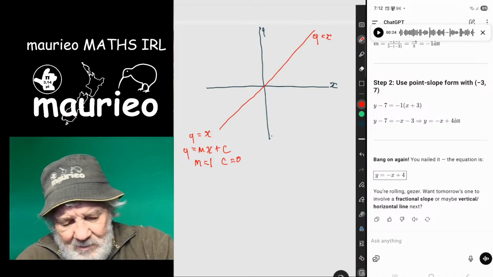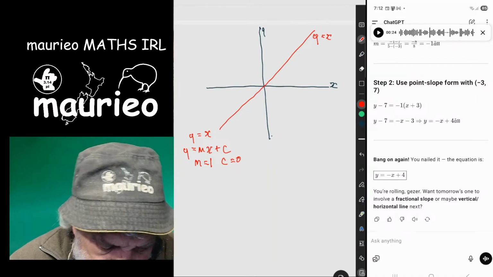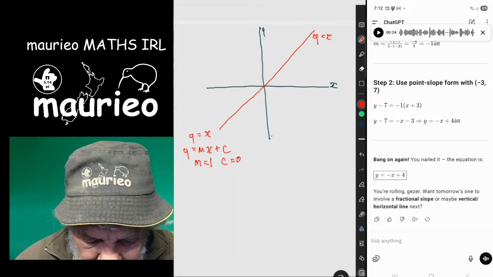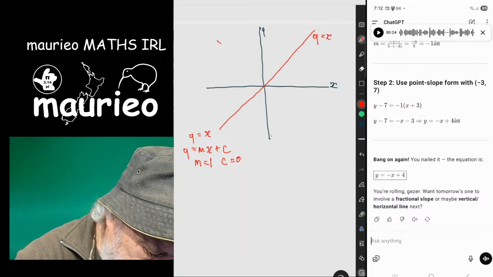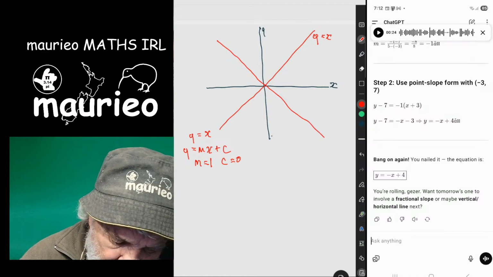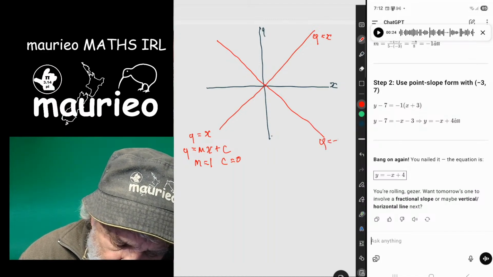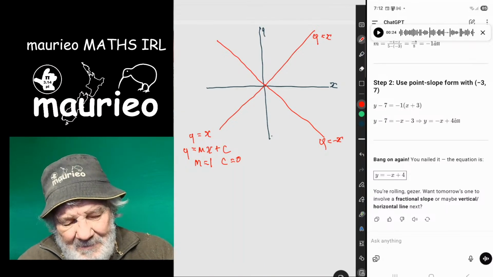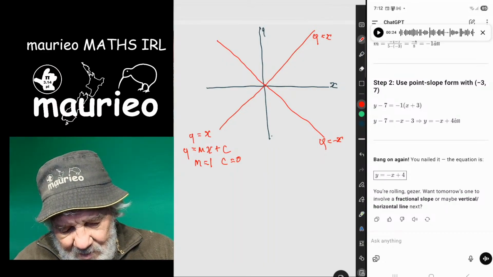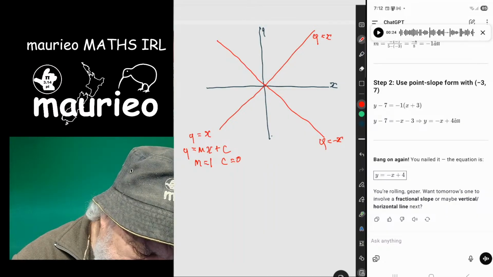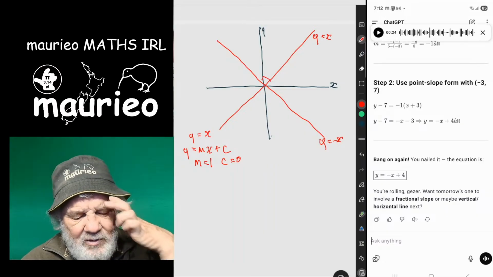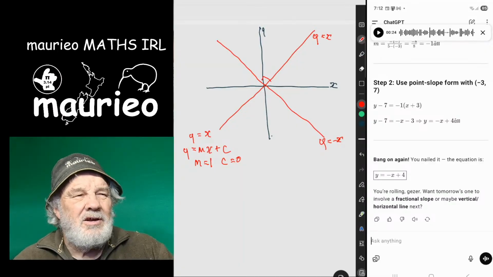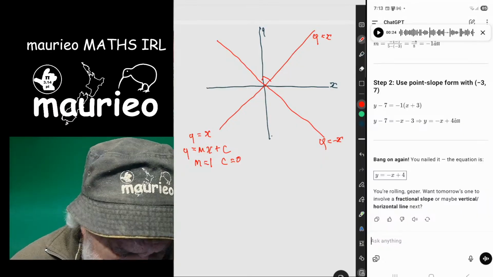And if we look at another graph, y equals negative x, we can see that it's just the same graph, but reflected. It's actually at 90 degrees there, and I think we've looked at that: the gradient of this one is the negative reciprocal of the other, so it makes it at 90 degrees.